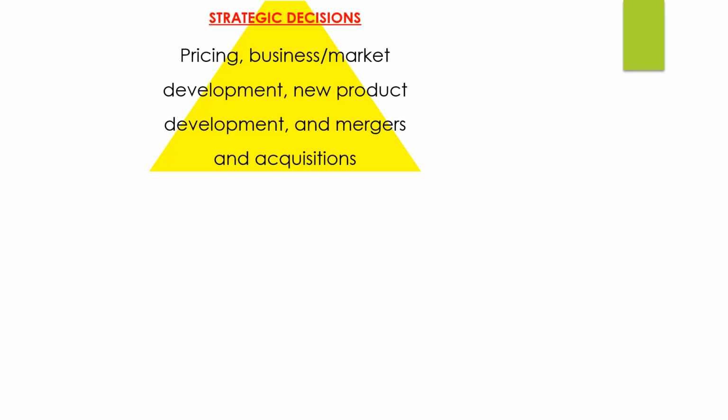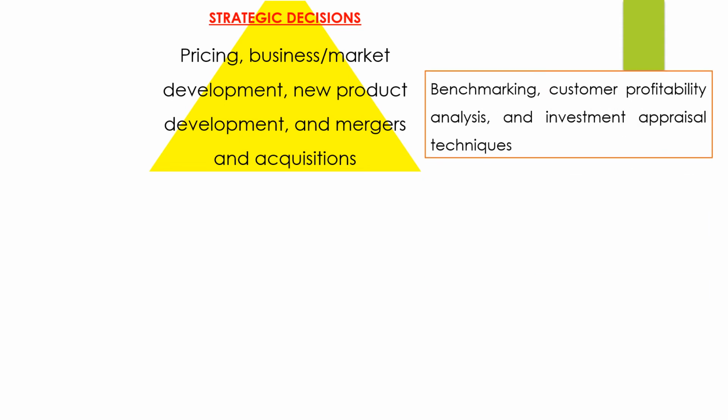The strategic level makes strategic decisions such as pricing, business or market development, new product development, and mergers and acquisitions. For these decisions, they use benchmarking, customer profitability analysis, and investment appraisal techniques.